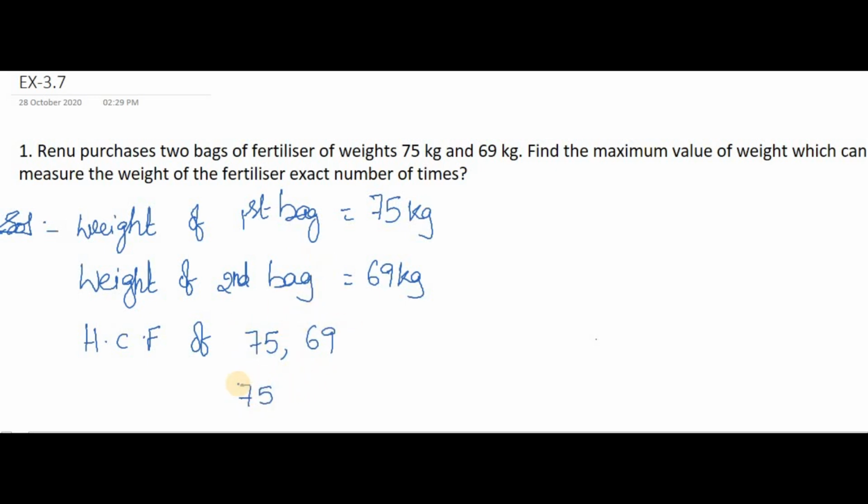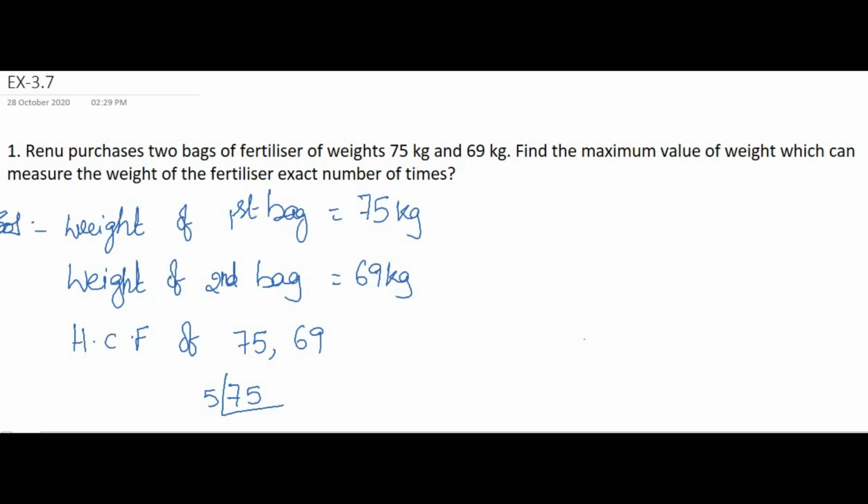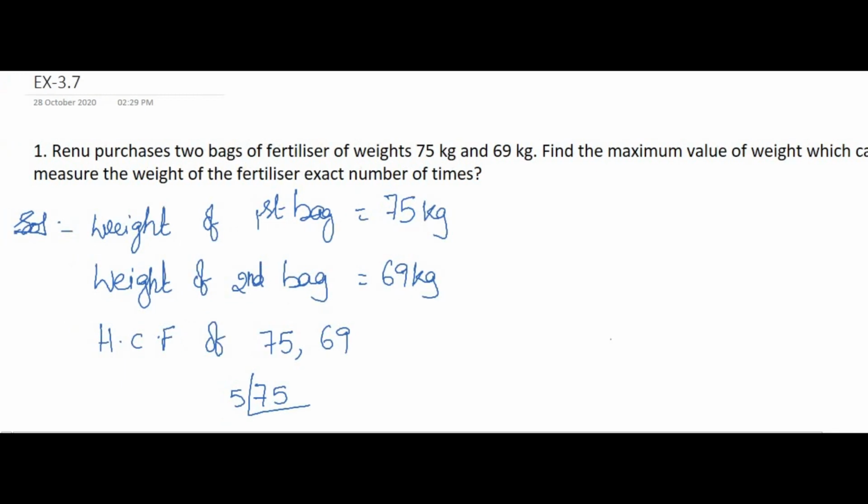We'll just find the factors of 75. 5 table will come. Five 15s are 75.